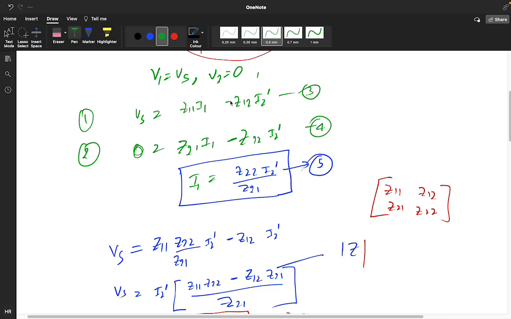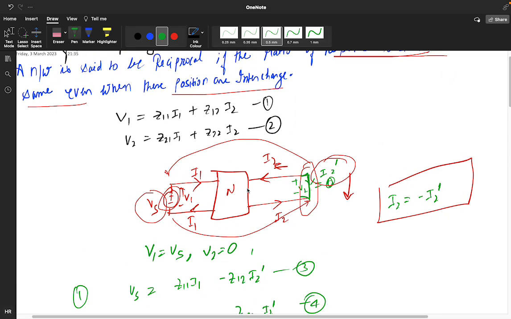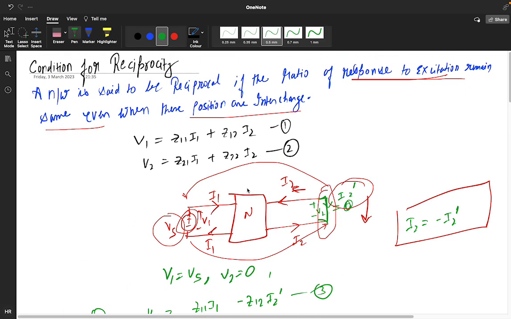I just want to explain again once. The condition for reciprocity is that a network is said to be reciprocal if the ratio of response to excitation remains the same. Excitation generally means the voltage we are supplying.